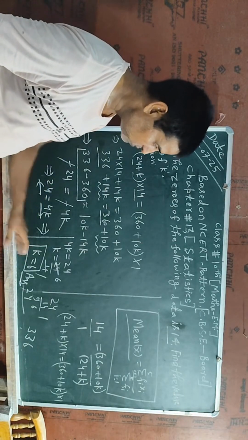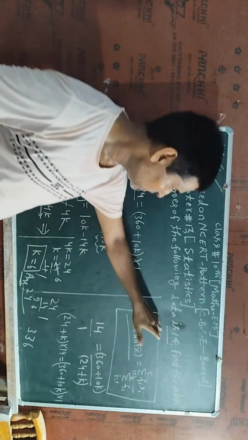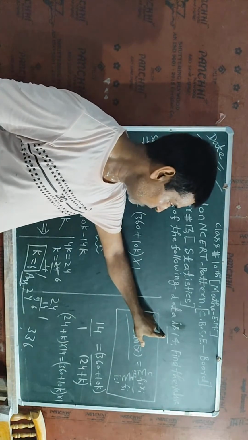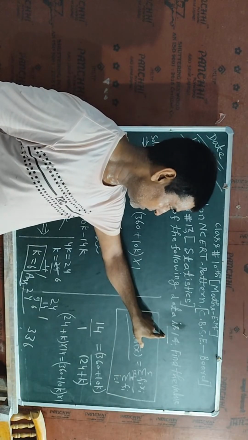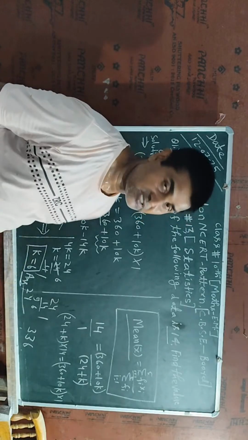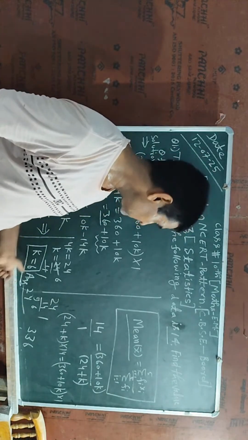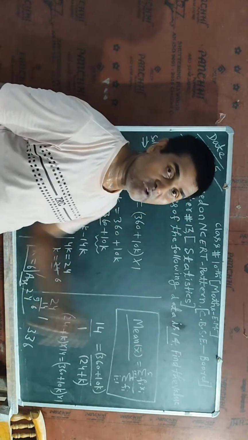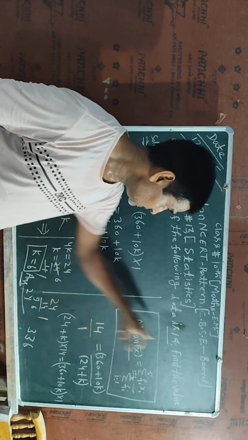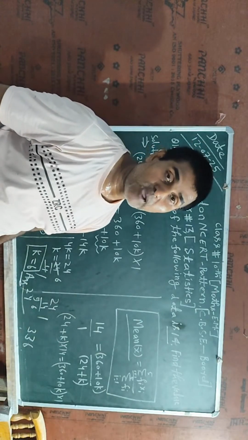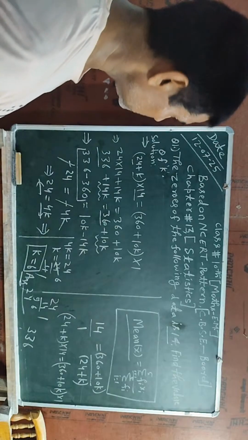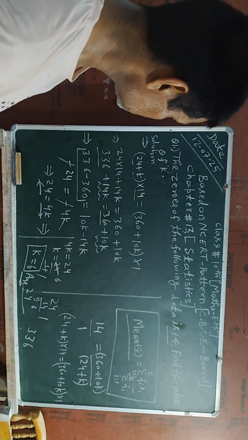So when the value of k is 6, the mean of that ungrouped data will be 14. Other than 6, I cannot get the mean of the ungrouped data as 14. Okay student, so you have to follow it clearly and positively to get its knowledge.